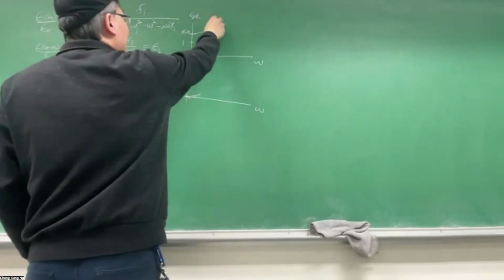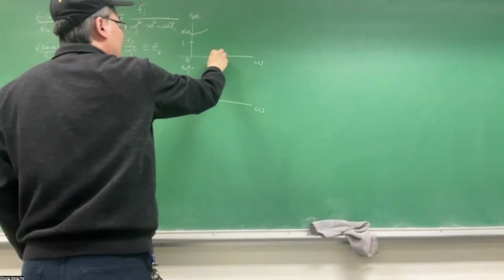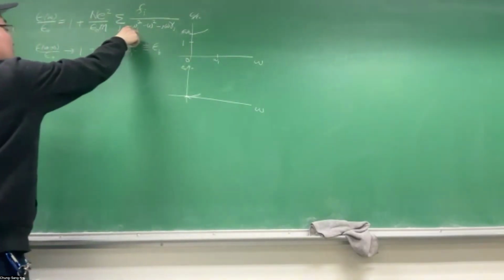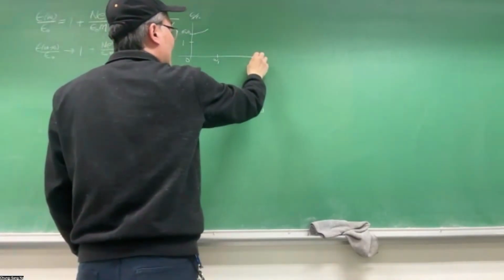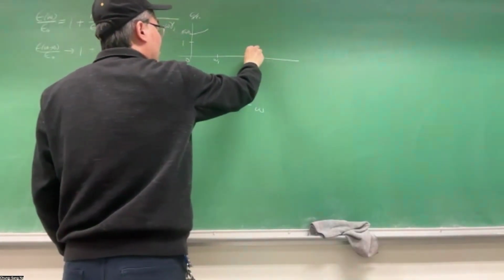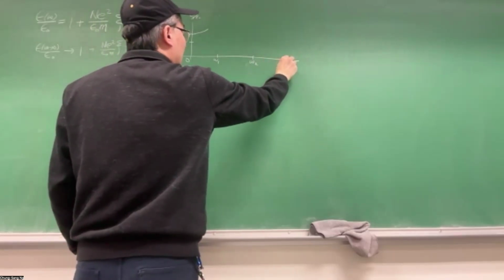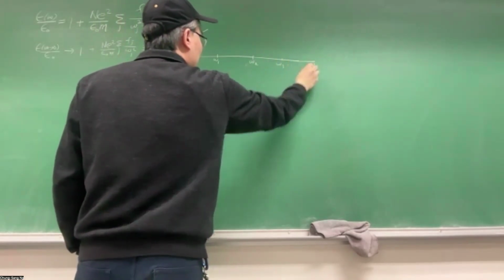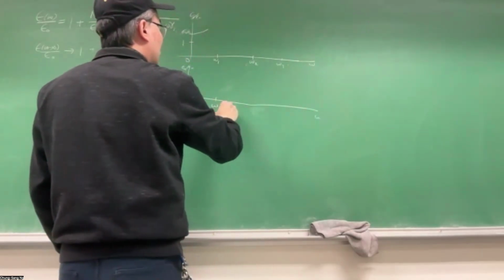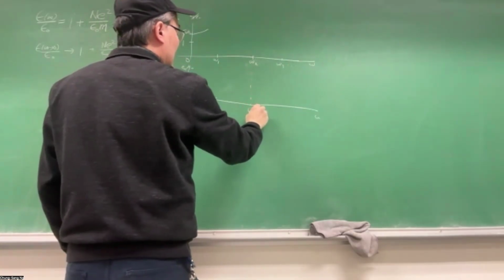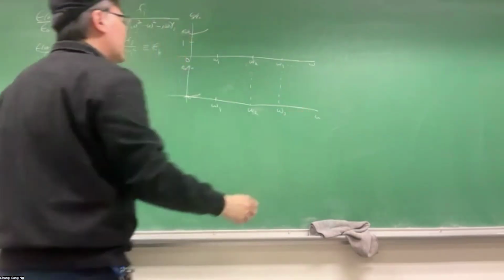Somewhere along the line, you hit the lowest intrinsic frequency, omega sub 1, and then you might have more because you have different kinds of molecules: omega sub 2, omega sub 3, and so on.